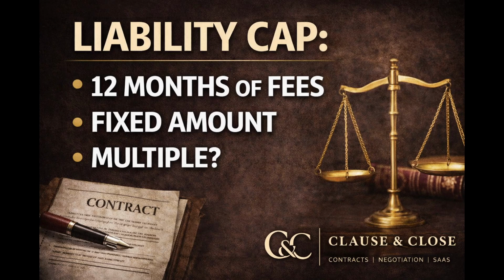This is often a compromise structure. It allows the customer to say, one-time annual fees is not enough given the risk profile of this contract. And it allows the supplier to remain within a proportional model, without immediately moving to a high fixed cap or to a much broader exposure.